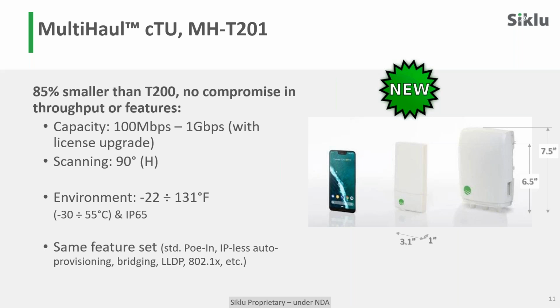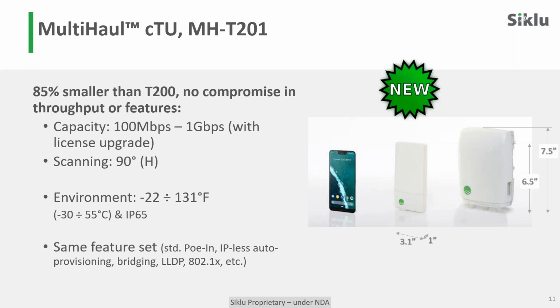The environment is the same, minus 22 to 131 degrees Fahrenheit. The ingress protection, basically ability to withstand dust, rain, and other element challenges, is also IP65, so no compromise there.